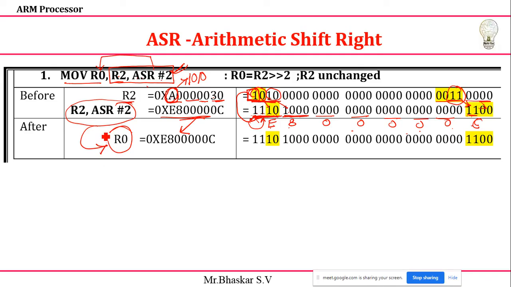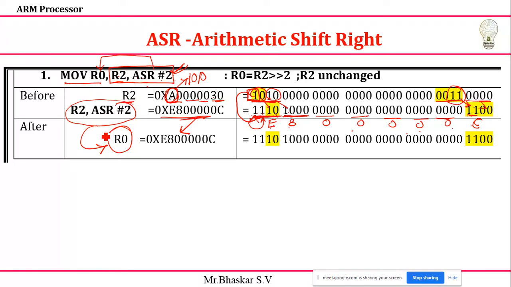Remember, arithmetic shift right means it will look at the 31st bit value of my source register. If the 31st bit is 0, the shifted-in values will be zeros. If 1 is there, the shifted-in values are 1. Clear about this one? Okay.